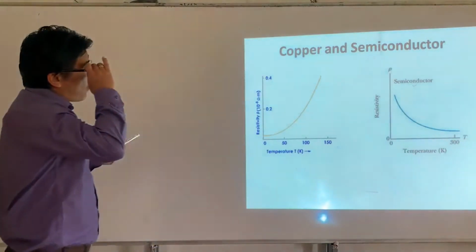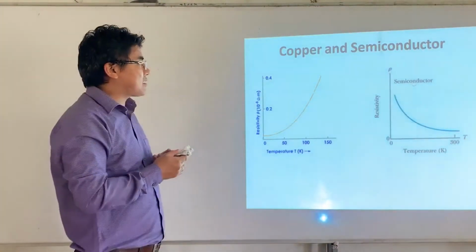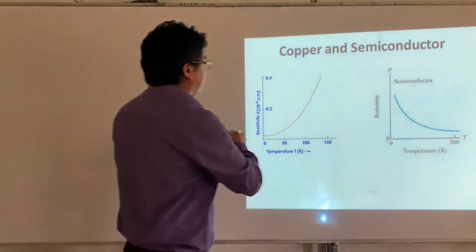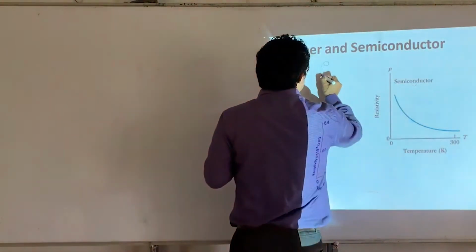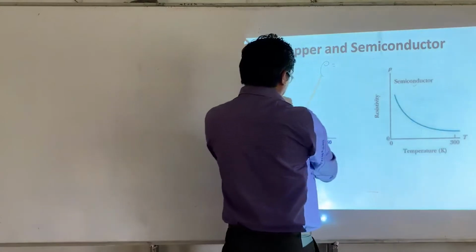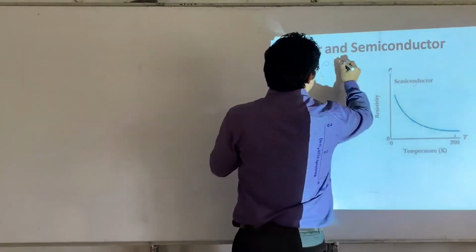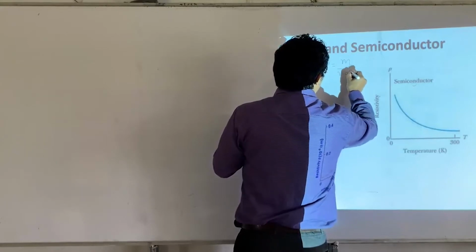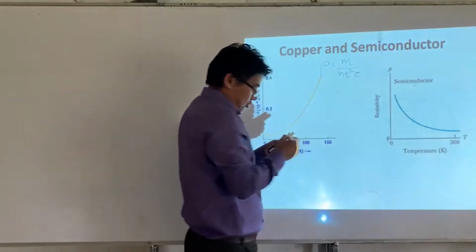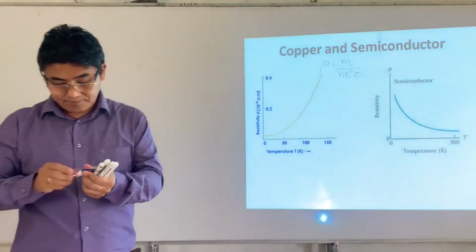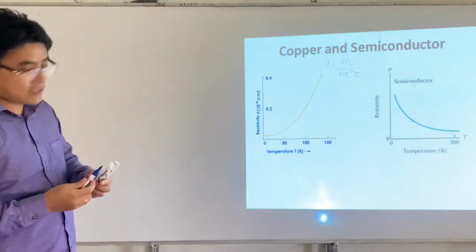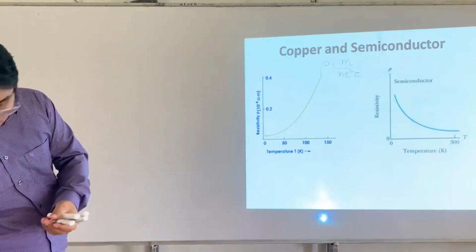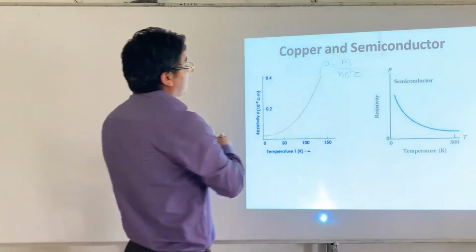So for copper and semiconductors, I can use the equation that I have just written. This is the equation that we derived last class: rho equals m divided by n e squared tau.